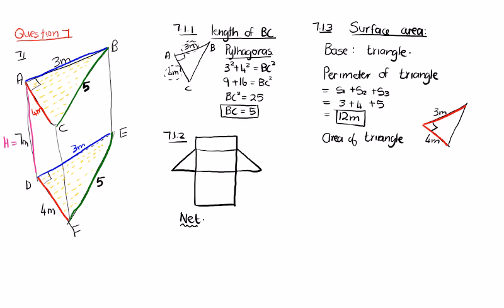The formula for the area of a triangle is a half base times height. So that gives you a half, and the base is 4 and the height is 3. So 4 times 3 is 12, times a half gives you 6 meter squared, and you are going to use that.